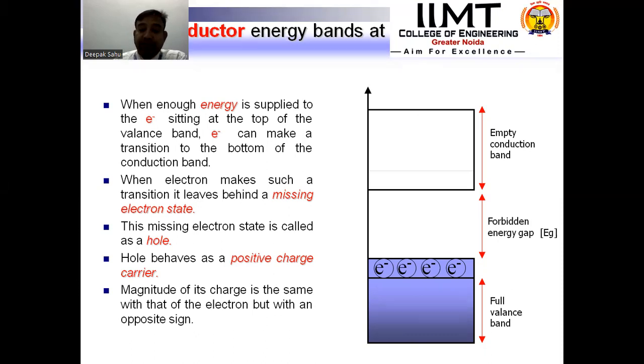Now, as soon as an electron moves by the provision of exchange energy, the electron, after gaining sufficient energy, will move into the conduction band, leaving behind a vacant space. That vacant space is a region void of electronic charge. It is a hollow space which constitutes an opposite nature, same value charge.